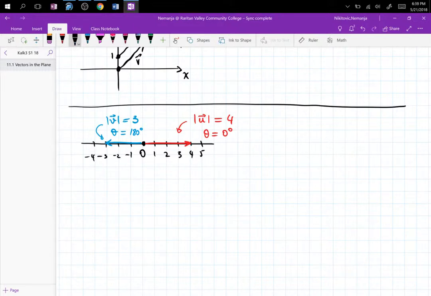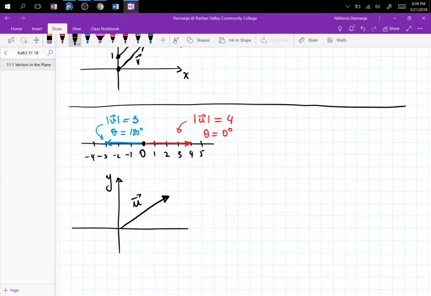So we introduce a vector in the xy plane, and we have the magnitude u, and we have the direction theta for each one of these vectors.